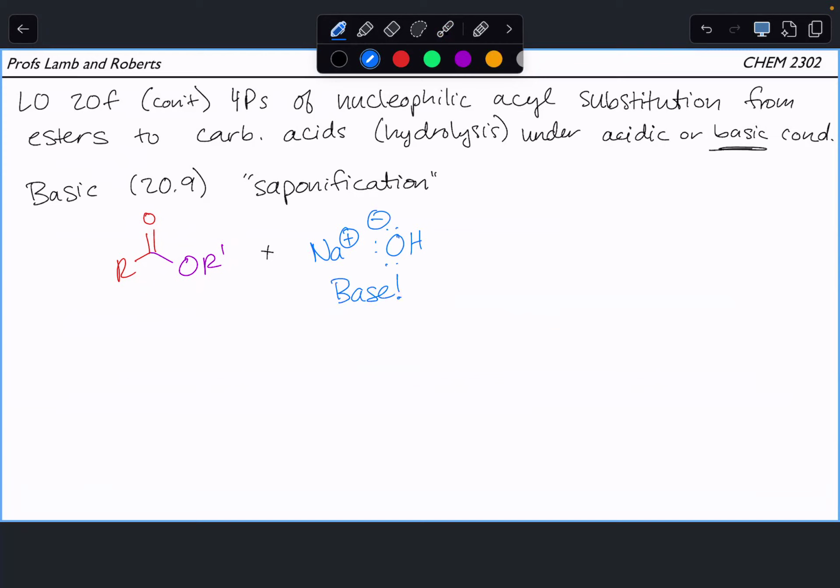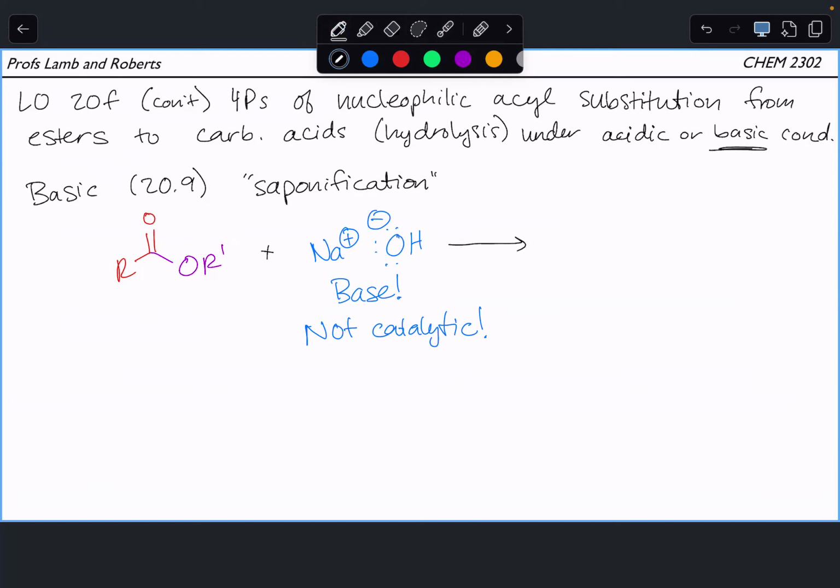And unlike the acidic conditions where we could just use a tiny bit of the acid, a catalytic amount of the acid, in this case, this is not catalytic. This is stoichiometric base, and we will see why when we go through the mechanism. Okay, but because it's NaOH, that is a base that tells you that it's under basic conditions.